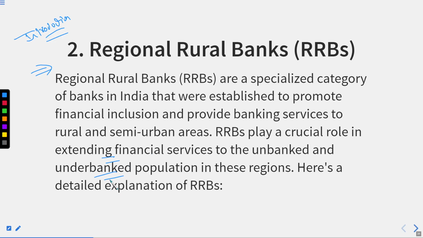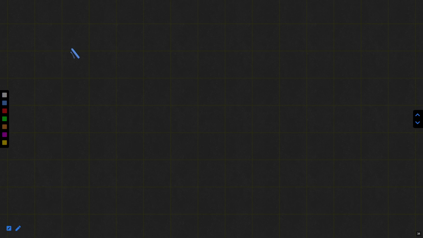So if we try to understand the general definition of the RRBs, then what will we find? First, they are a specialized category. Second, they were established to promote financial inclusion. Third, they provide banking services to the rural and semi-urban areas. That is the general definition of regional rural banks and the main highlighted points, so you can write them down. First, they are of the specialized category.